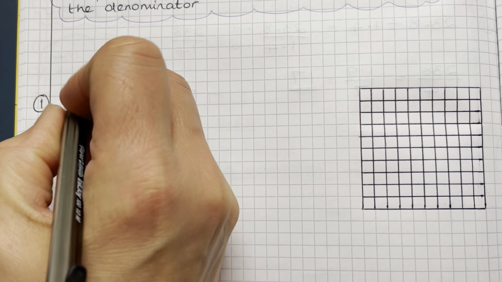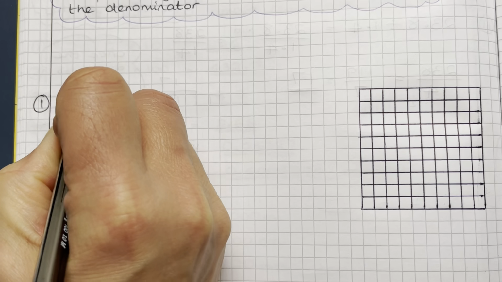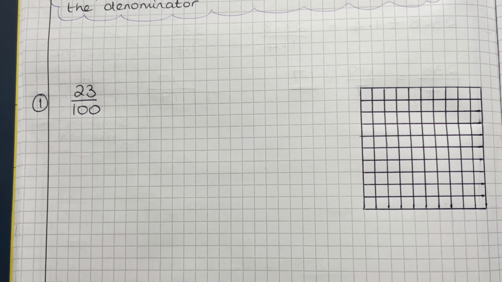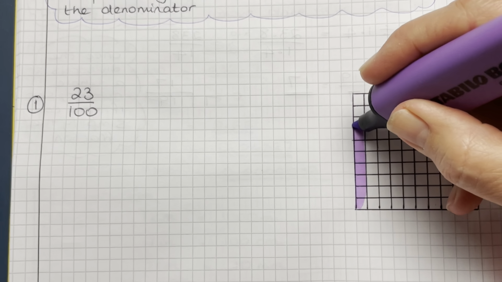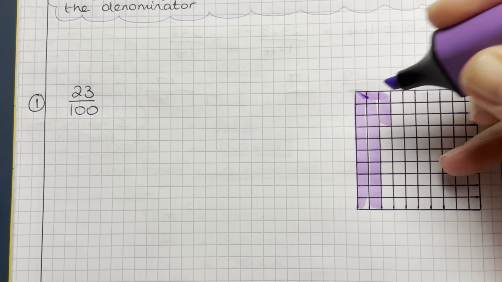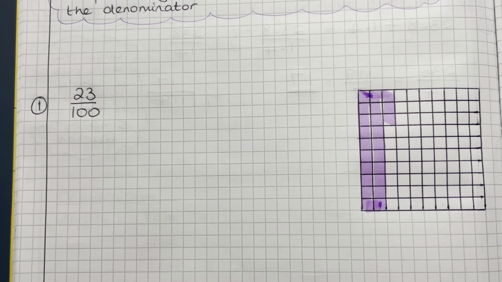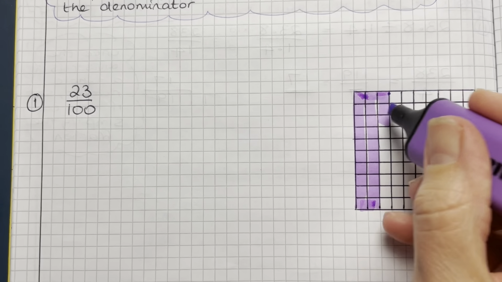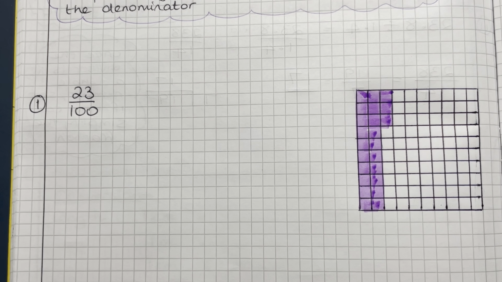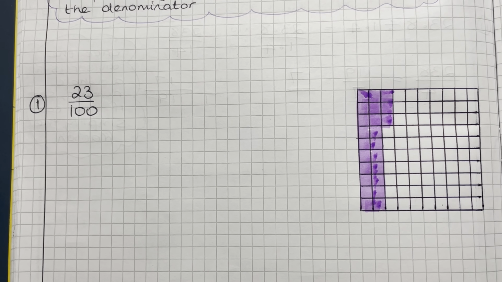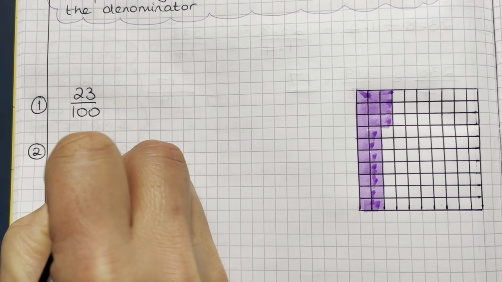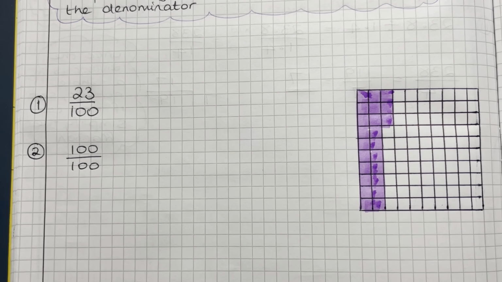So if I take an example of, say, 23 over 100, well, that would therefore mean I've got 23 of my squares shaded out of 100 in total. Okay, what about if I had 100 squares shaded?